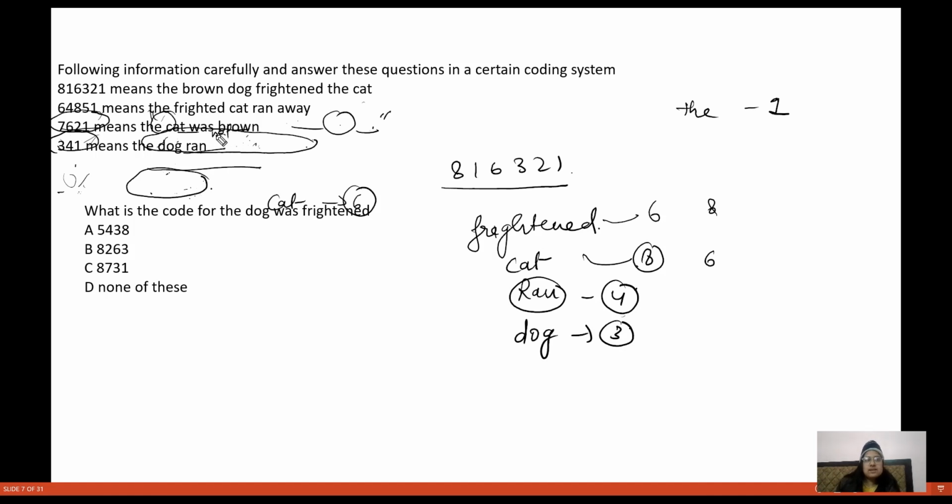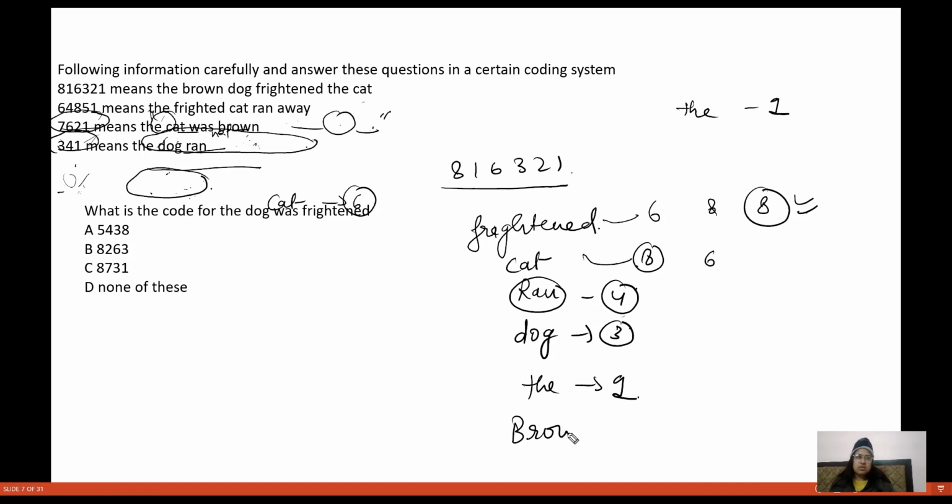Now if the dog is 3, cat is 6, the dog is 3, the cat is 6, then frightened is 8, because cat is 6. Da is 1 for us, we already deduced that.